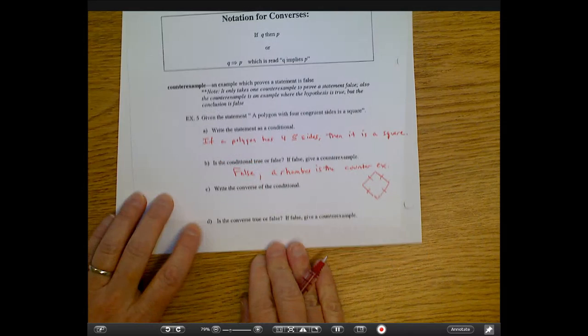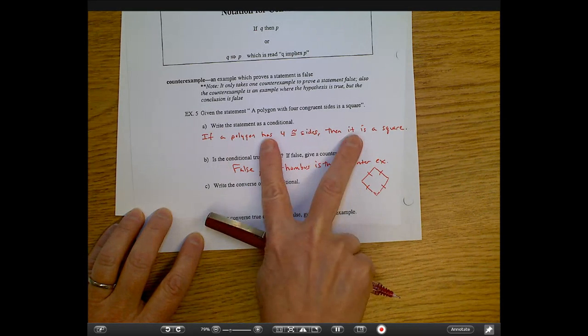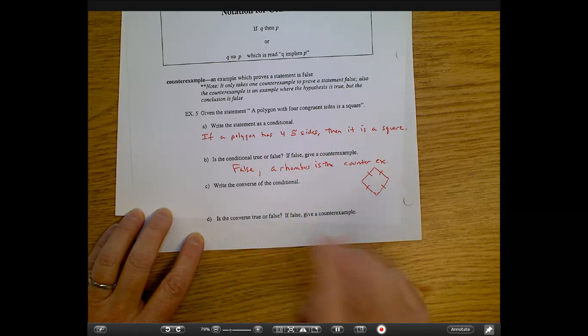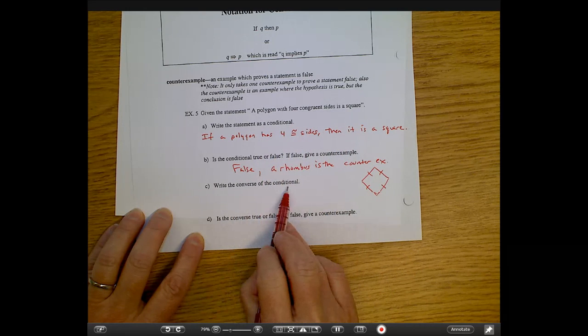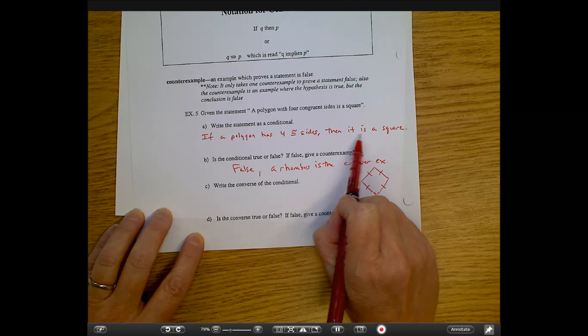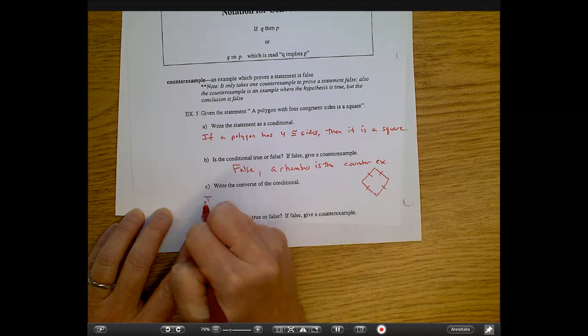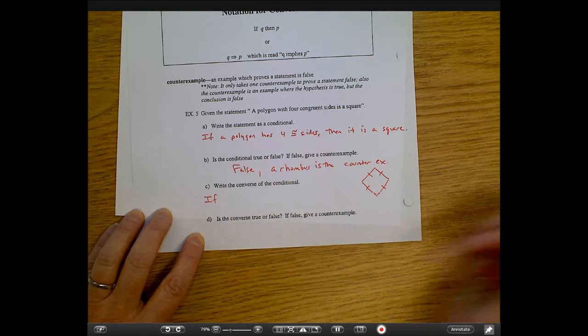All right, now we're going to write the converse of this conditional. We take these two statements and swap out the P and the Q. So you're going to say, if a polygon is a square, then it has four congruent sides. The word polygon can stay, because you don't want to say if it is a square, then it is a polygon.